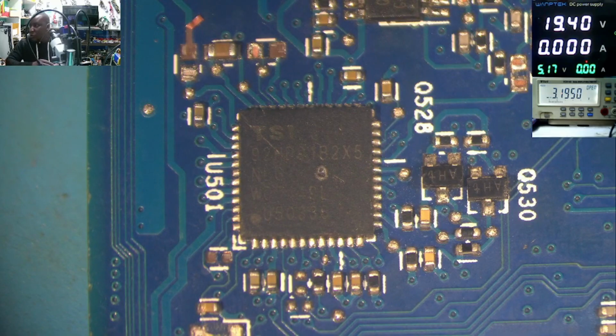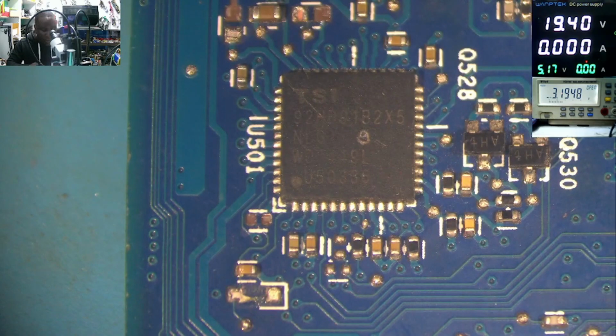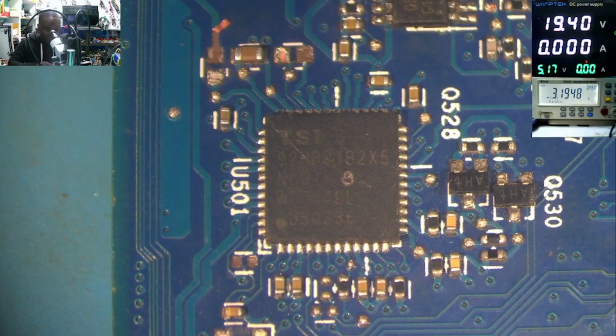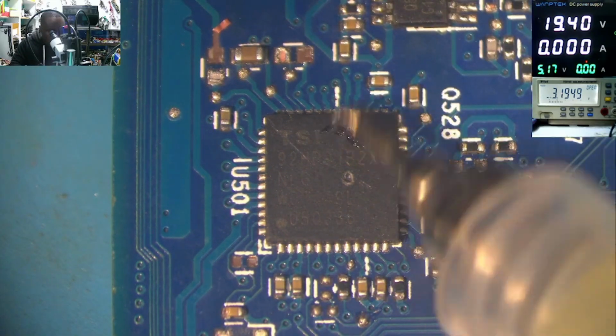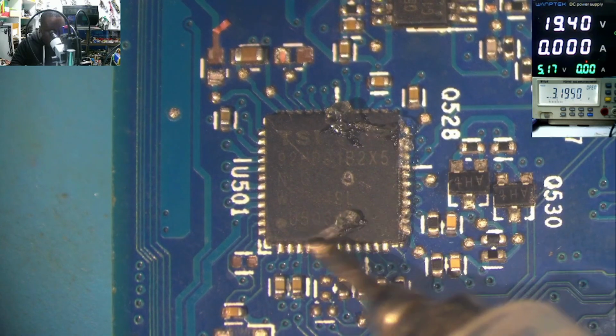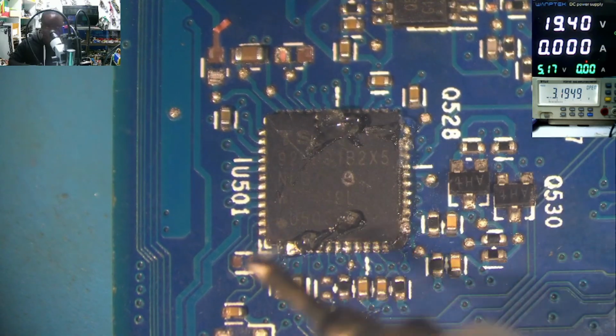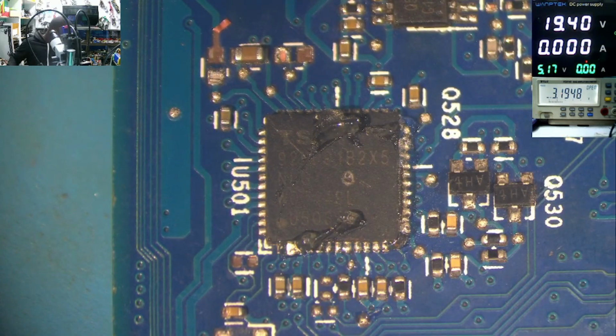I think I have so many boards of this type. We must be in a position to replace this chip. Amtech flux. Chip position is very important.